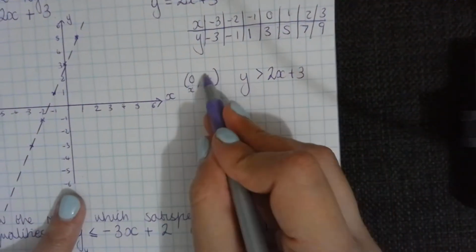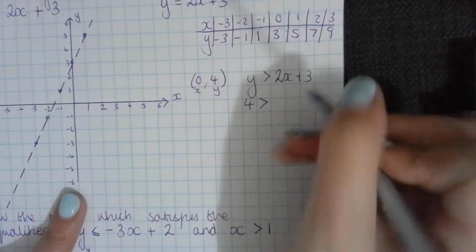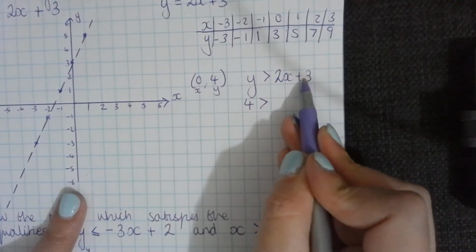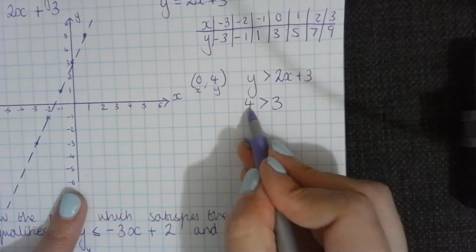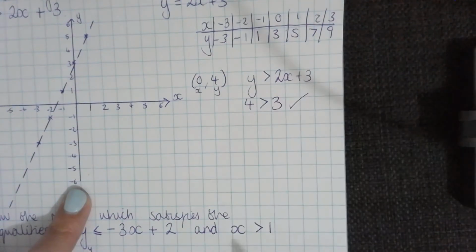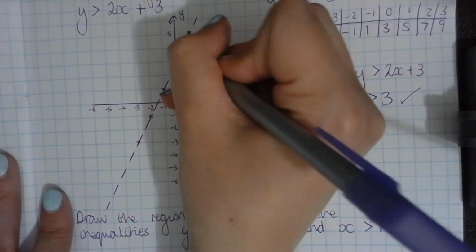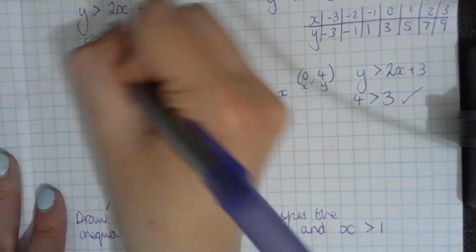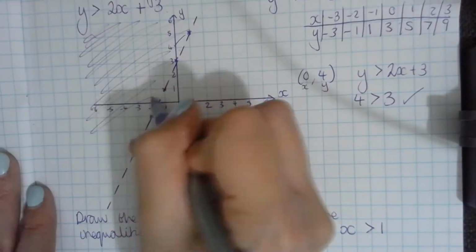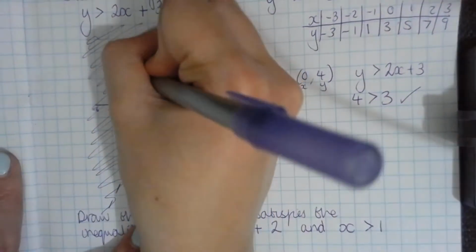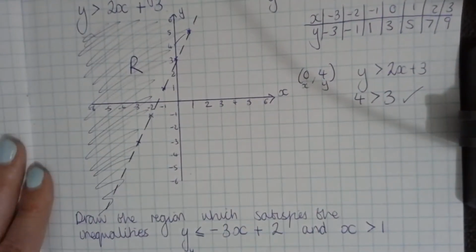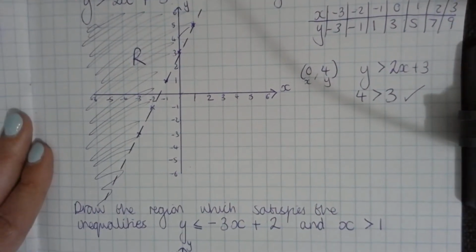So y is 4, greater than 2 times x, so 0 plus 3. 4 is greater than 3, which is correct. So 0, 4 must be in our region. So we shade this part. And if they ask us to write R in our region, then that is the region we are looking at.